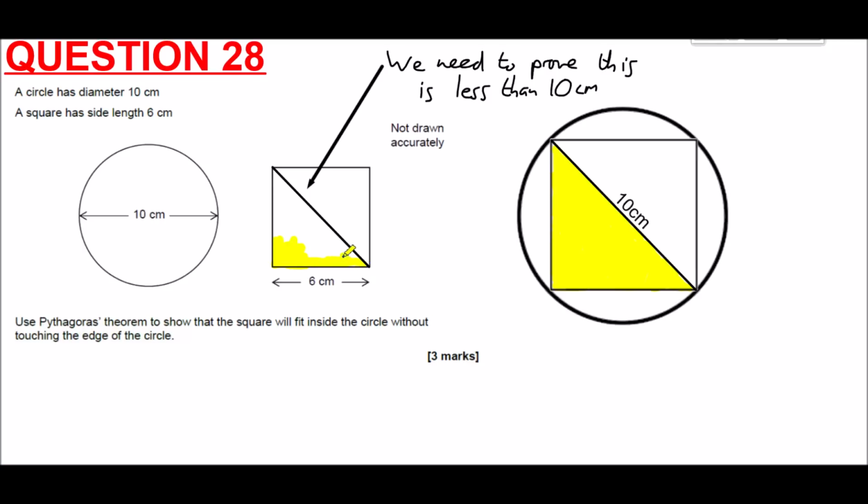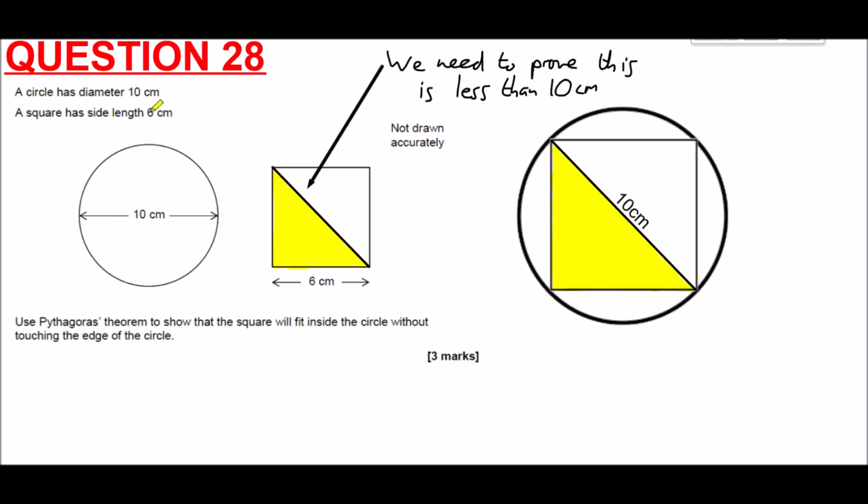So if I just consider this a triangle, well, it is a triangle obviously, but just looking at this bottom triangle. Now the shape I'm making this triangle from is a square.